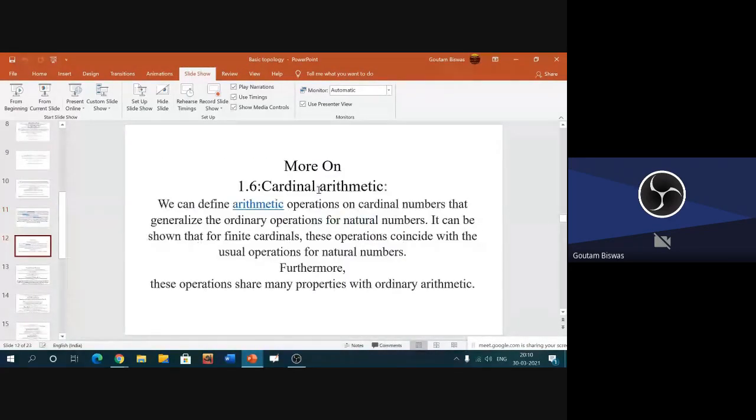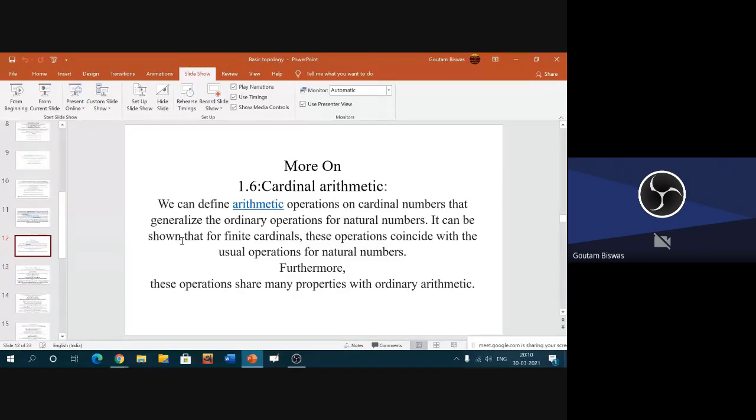Now, cardinal arithmetic. We can define arithmetic operations. What are arithmetic operations? Addition, multiplication, commutation, distribution. All these properties are known as arithmetic properties. We can define these arithmetic operations on cardinal numbers that generalize the ordinary operations for natural numbers.